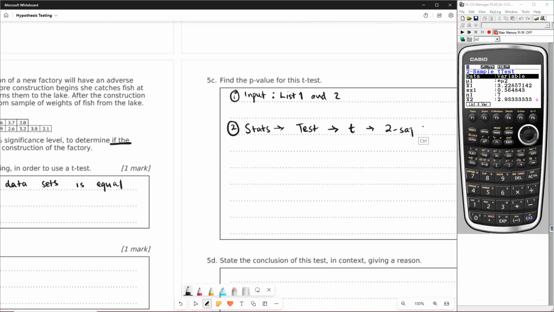And just remember to always adjust this part of your test where it says mu1 is not equal to mu2, because sometimes you're allowed to put a greater than sign or a less than sign. So just make sure you pick the right thing there. Okay, now we can do the test, and it tells us that the p-value is 0.3861.